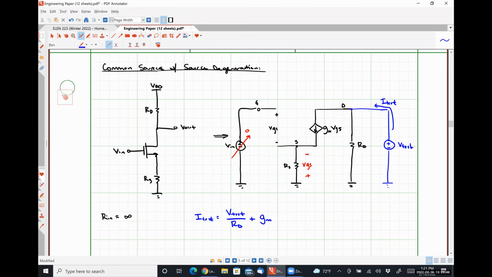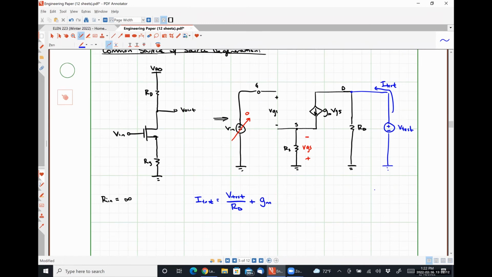The current flowing through the source, so GM VGS times RS on the negative side, right? So I'm going to put VGS right here. Let's work our way through this, okay? So we have I test is equal to V test over RD plus GM VGS. All of that seems legit.